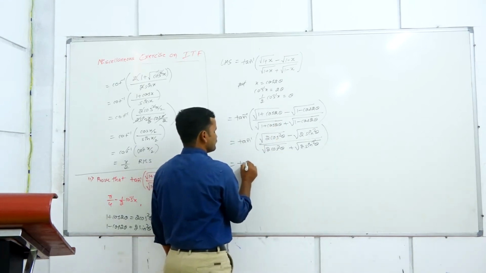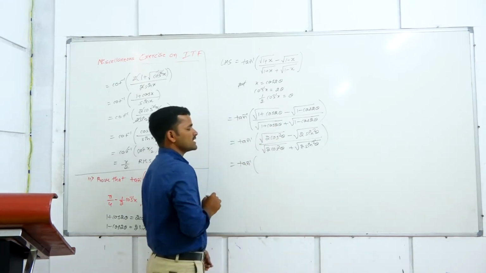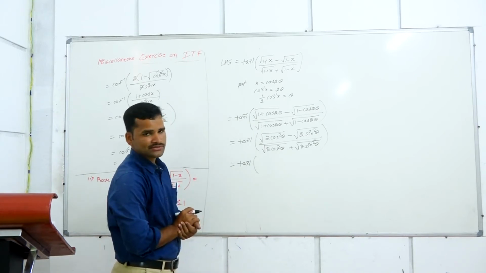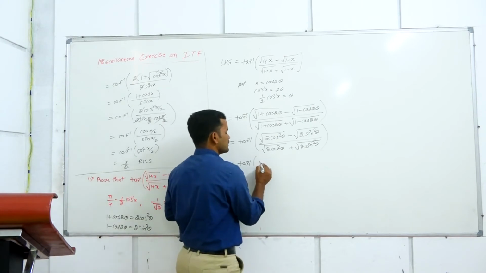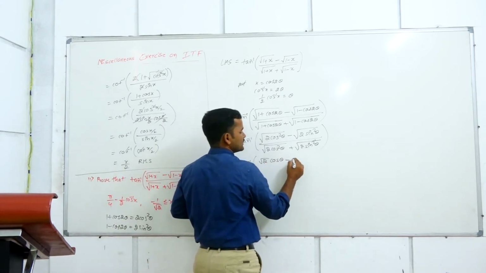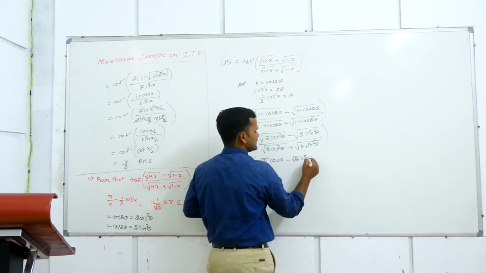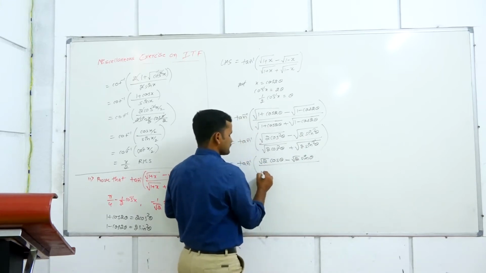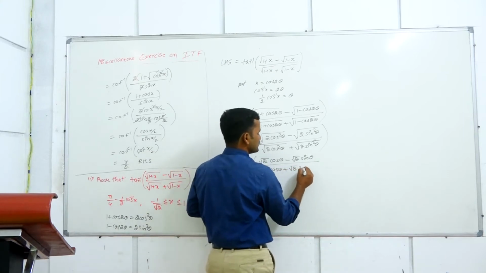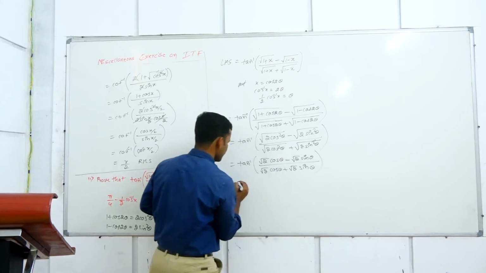Tan inverse of, this can be written as root 2 into root of cos square theta. For that root cos square theta, the square root gets cancelled. We have root 2 into cos theta. In the same way here, root 2 into sin theta divided by root 2 into cos theta plus root 2 into sin theta.